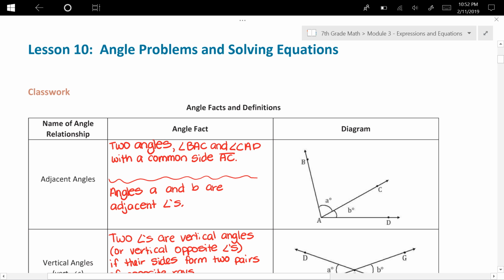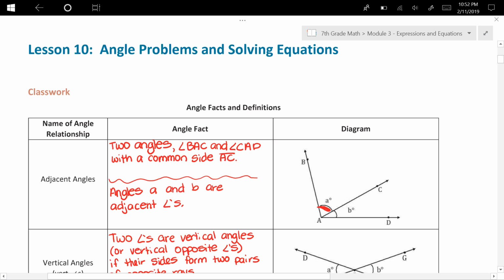The first one here, and make sure that you're writing this in your workbook so you have this, is adjacent angles. Adjacent angles are two angles that are right next door to each other that have a common side. So we have in here angle BAC, right here.